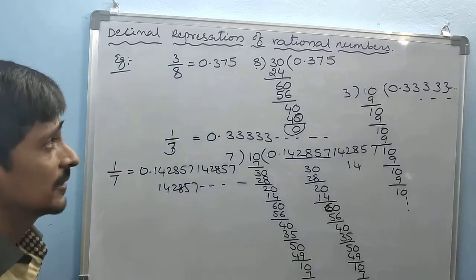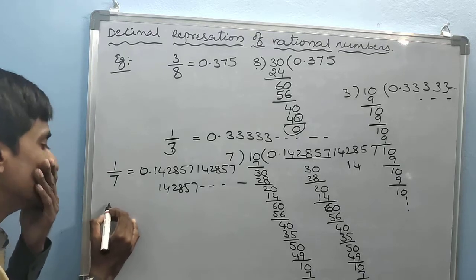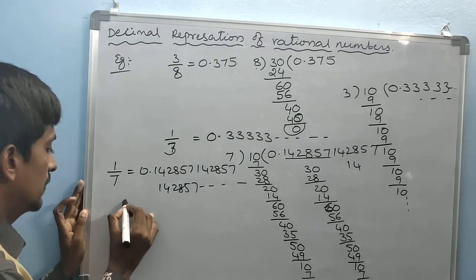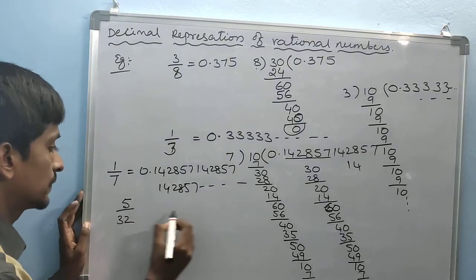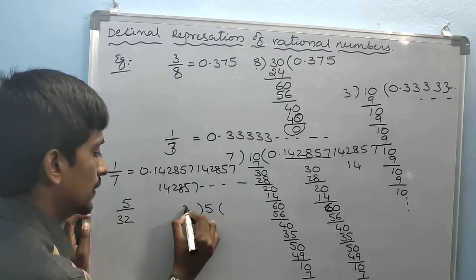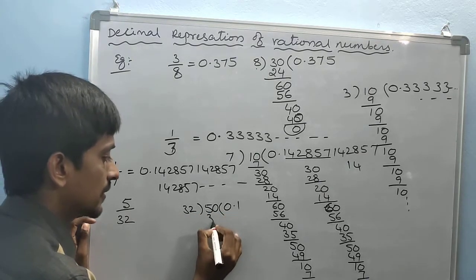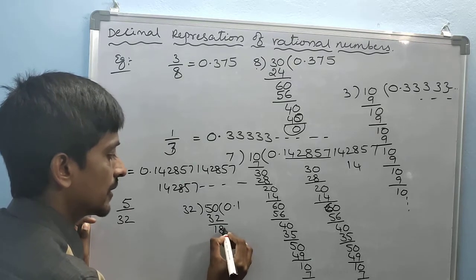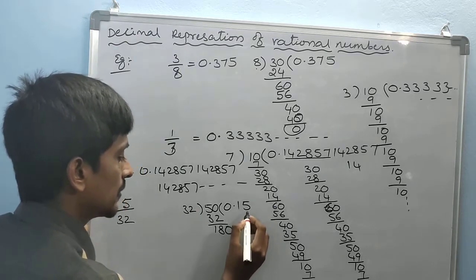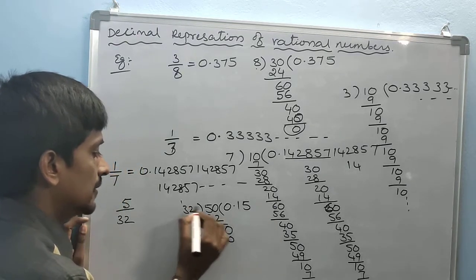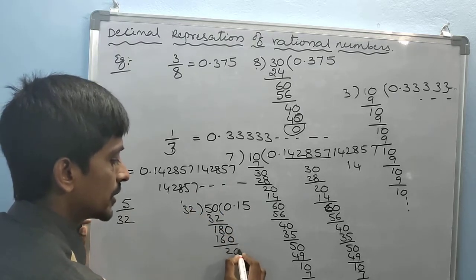Okay, here what we observed, and we take another example. For example, 5 by 32. 0.0. 1 times 32. Remainder is 18. Okay. 5 times 2 is 10, 15 plus 1, 16, 2 0.